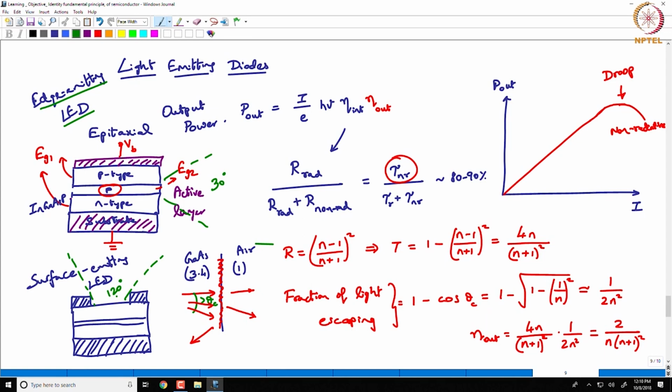So, in this case, you can take an optical fiber, right. You can take an optical fiber and place it at the output of that edge emitting LED, and you can couple a lot of light efficiently into the fiber, because the spatial coherence is fairly good from these sources. Okay.